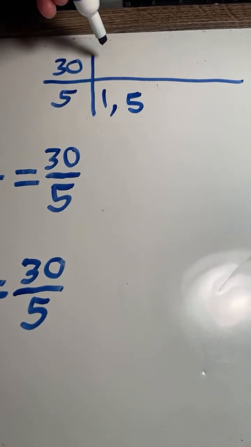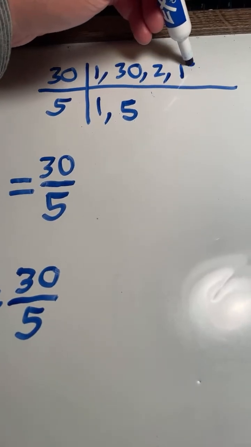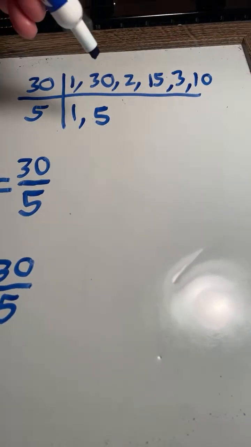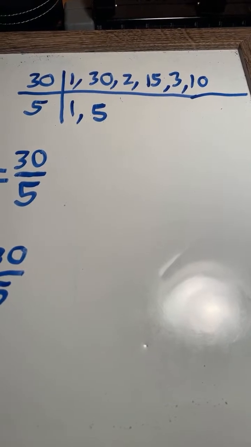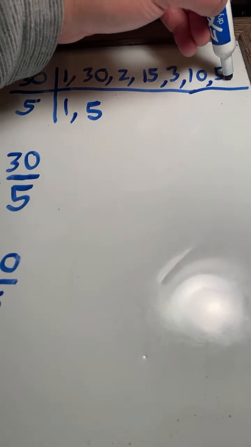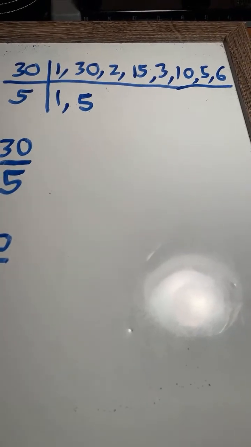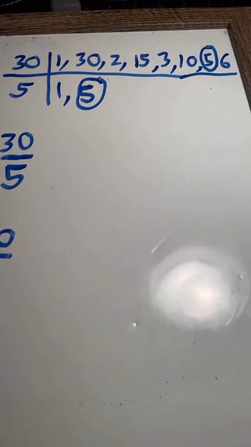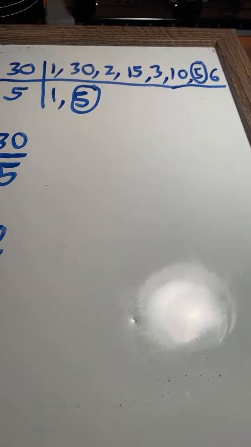Our factors of 30 are 1, 30, 2, 15, 3, 10, 5, and 6. So our greatest common factor between 5 and 30 is 5. So 5 is what we need to divide by.